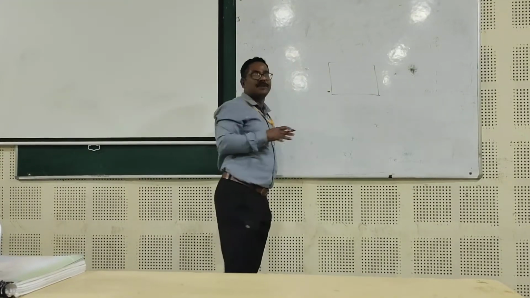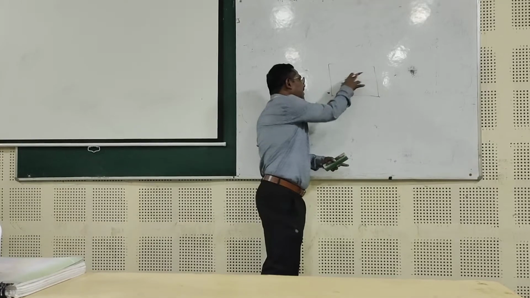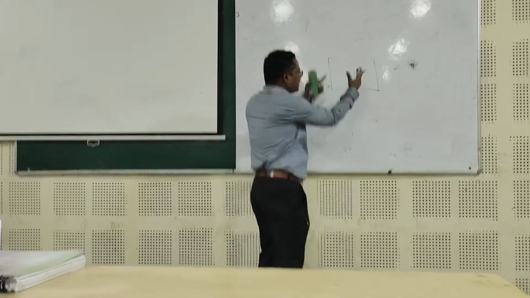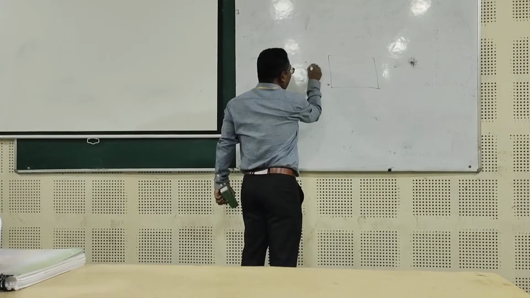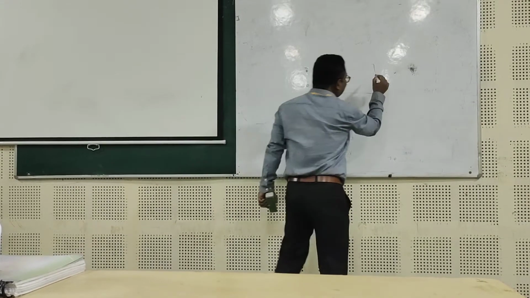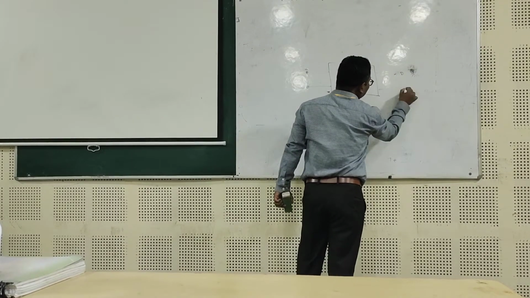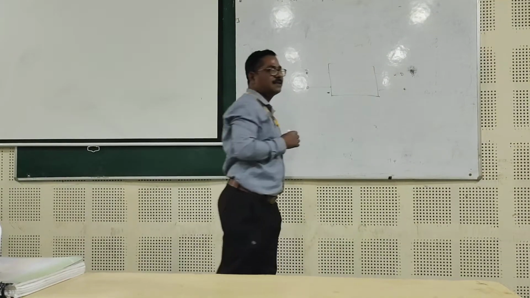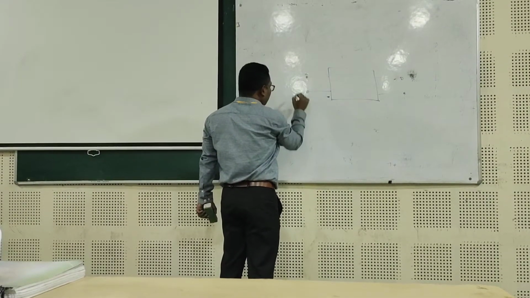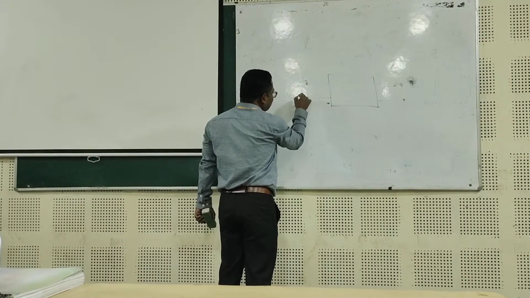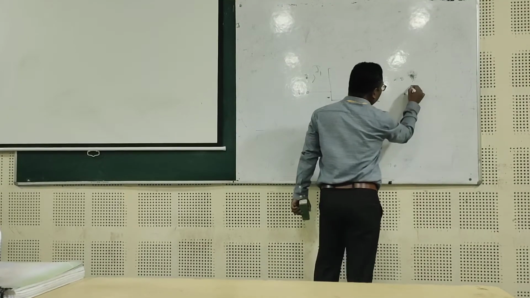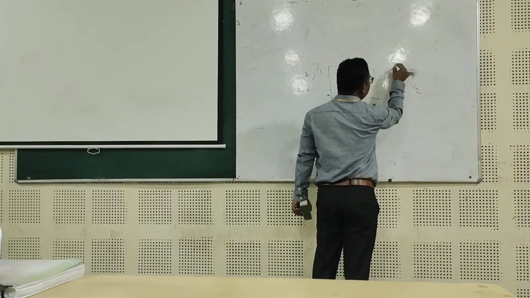I am not showing the internal details of the circuitry; just consider it a box. It is an example of a two-port network. It has two ports; ports means pair of terminals. This is your input port, V1 and I1, and this is your output port, V2 and I2.